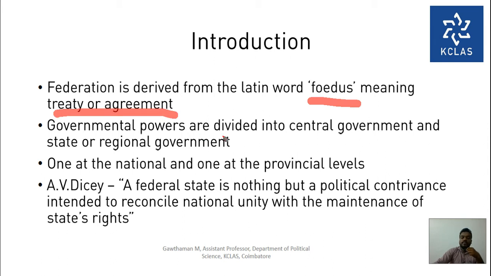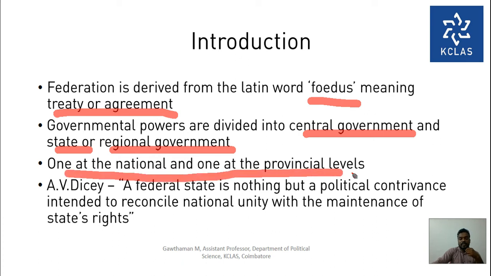The governmental powers are divided between the central government and the state or regional government. So in two levels the governmental powers are divided, one at the center and one at the state level, one at the national and one at the provincial level.